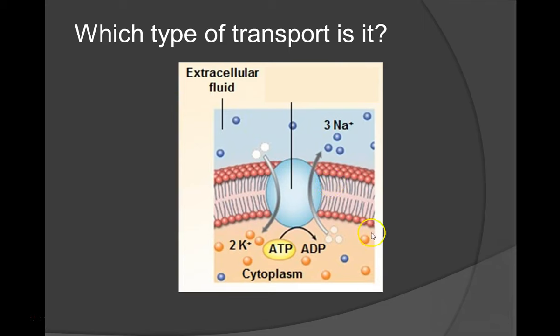Now let's look at this one. To interpret this figure, these little hollow things show where it started, okay? Then the arrow shows the direction it moved, and now it's showing where it ended. So again, the orange is potassium. It started on this side and moved here. So you say, where was potassium high?